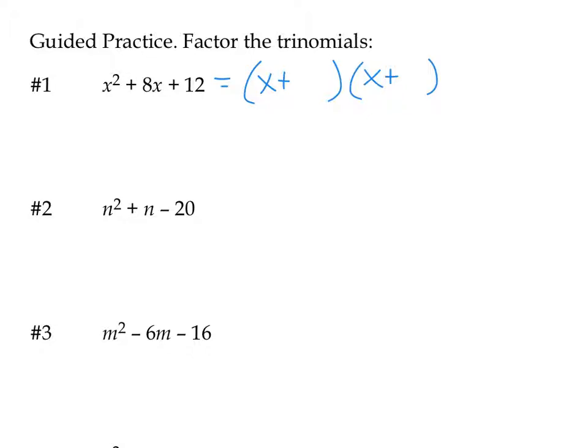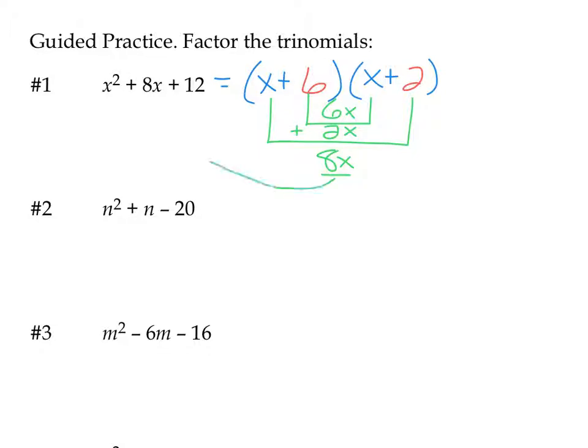So in this case, it would be 6 and 2. And the checking with swings is right here. Look, it looks like a couple of swings. 6 times x is 6x. 2 times x is 2x. When I add these together, I get 8x. That's a way to check that my middle term is coming out correctly. So that means this is the correct factored form.